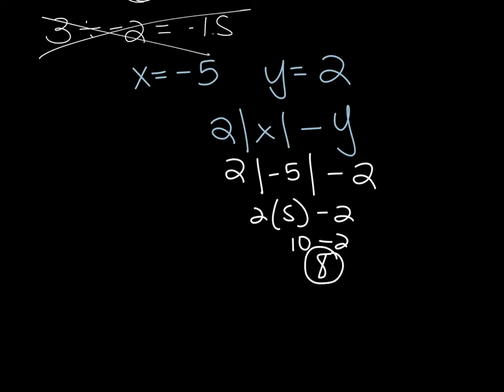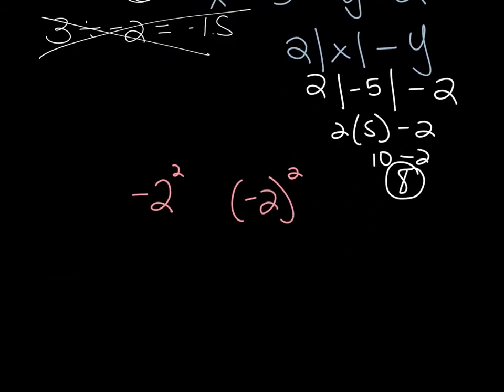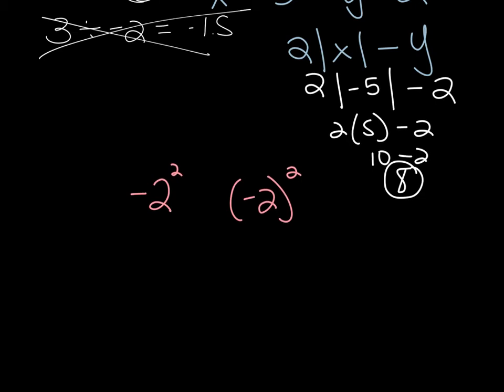We also talked about the difference between this and this in R1. What's the difference between those two? What is the first one? What would be the answer there? So this would end up being -4, right? That's the opposite of 2 squared, where the one on the right ends up being +4, okay? So when there's no parentheses, you want to make sure that it's the last thing that gets applied.